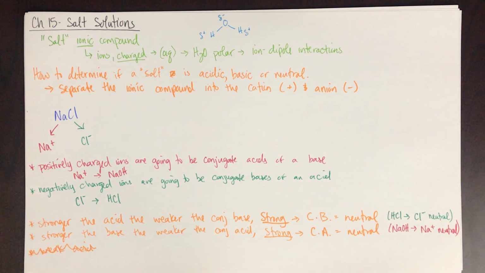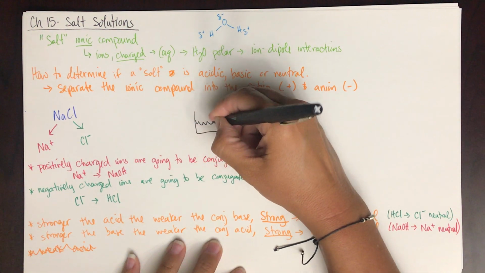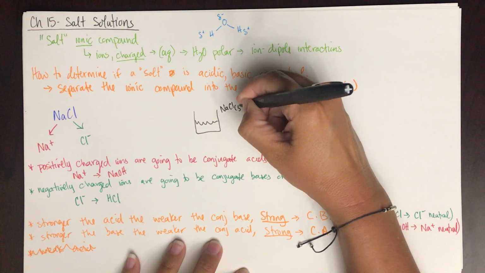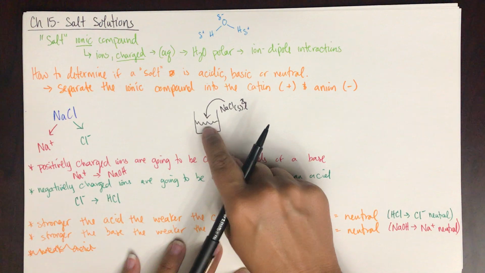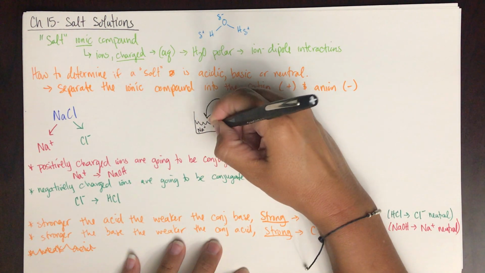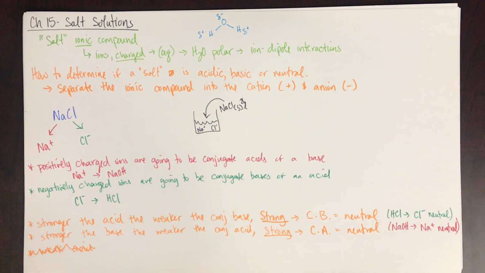So what's happening here is when we have a solution, let's say we have a beaker and it's got water in it, and we put sodium chloride solid in it. When we put it in here, the sodium chloride breaks apart into sodium ions and chloride ions. There's no more sodium chloride because these are both strong acids and bases.